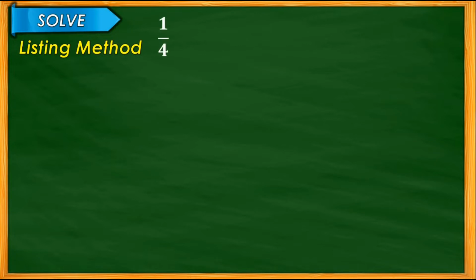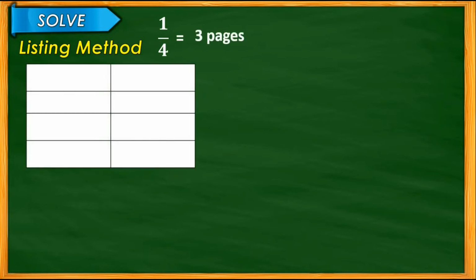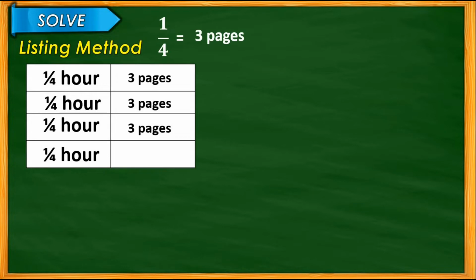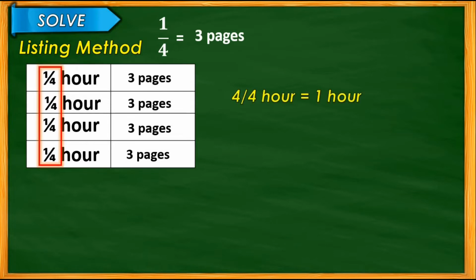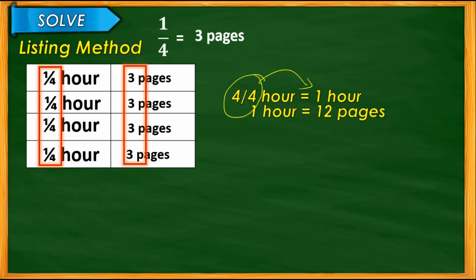According to the problem, 1/4 hour is equivalent to 3 pages. So let's list: 1/4 hour is equivalent to 3 pages. If we have four 1/4 hours, how many hours do we have? We have 4/4 hour, which is equivalent to 1 hour because 4 divided by 4 is 1. And then 3 plus 3 plus 3 plus 3 is 12.